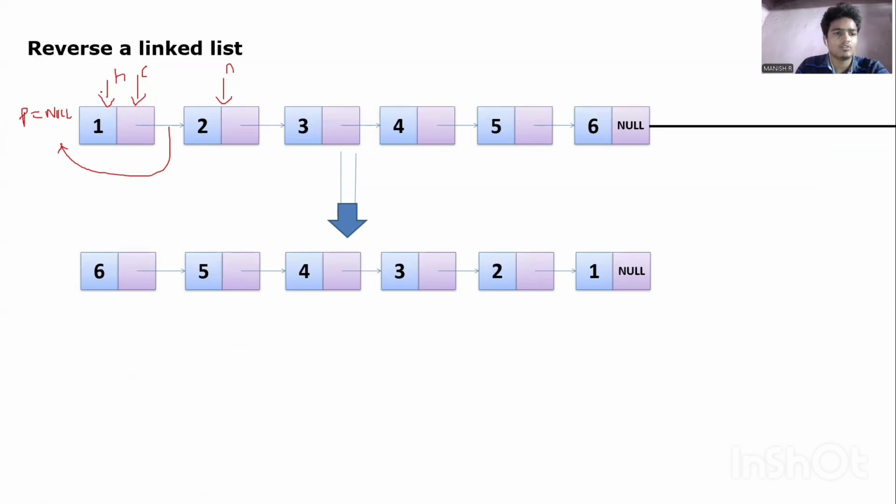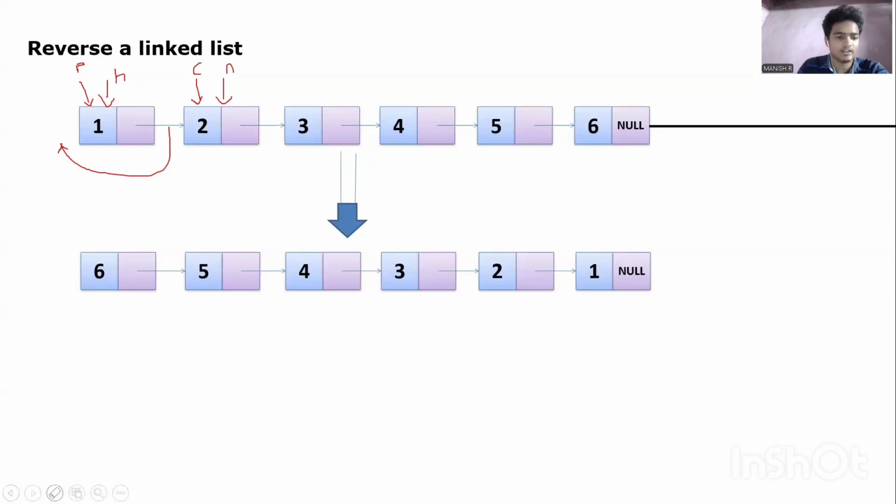Next we make previous equal to current, so previous comes here. Then we make current equal to next, so current comes here. I will erase all the others. This is the first iteration, and after one iteration it looks like this.